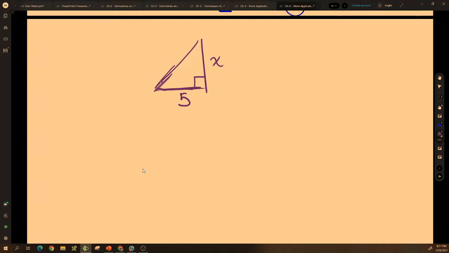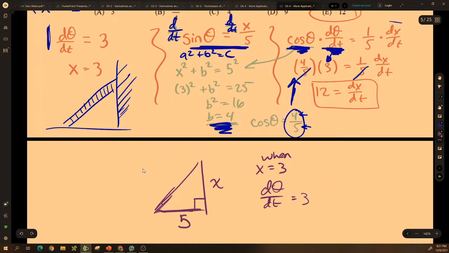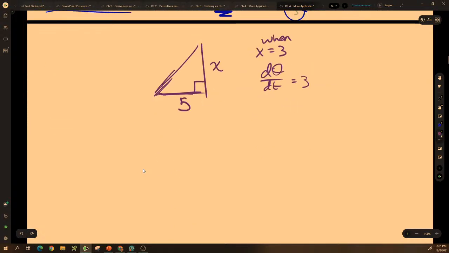So they still said, when x equals 3, and they still said maybe d theta dt equals, I think it was 3 as well, right? Yeah. So in this case, what would change is, now here's theta, and I want a formula that's going to use x, which is opposite, and 5, which is adjacent.